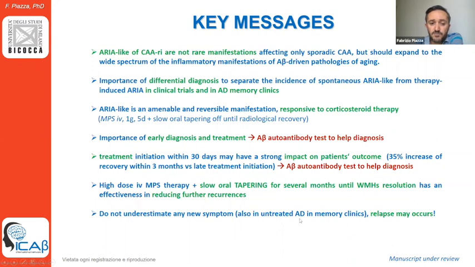And again, it's important not to underestimate any new symptoms in patients who originally had the first index event, but we also suggest to evaluate very carefully the occurrence of acute clinical manifestations in AD patients in memory clinics, because some of these patients can develop some ARIA-like, so CAA, events.